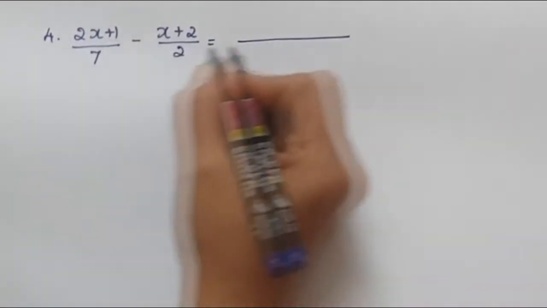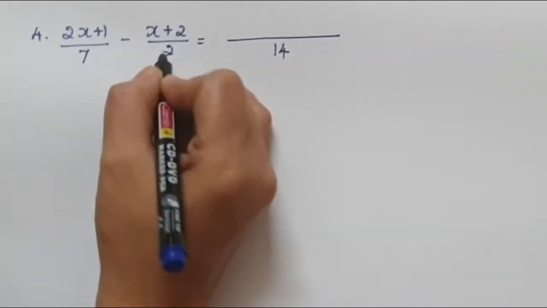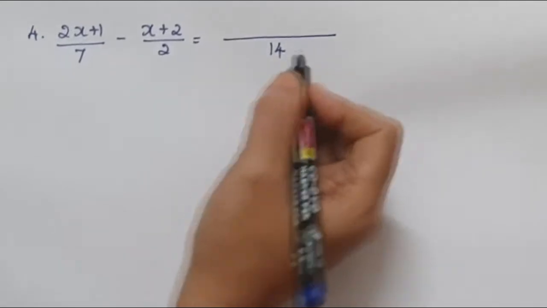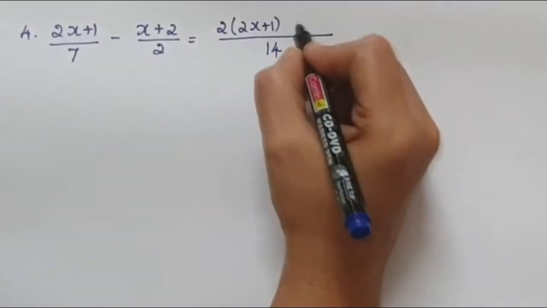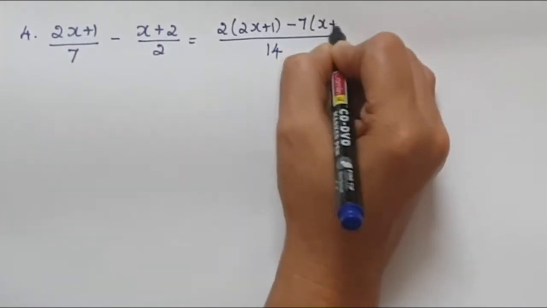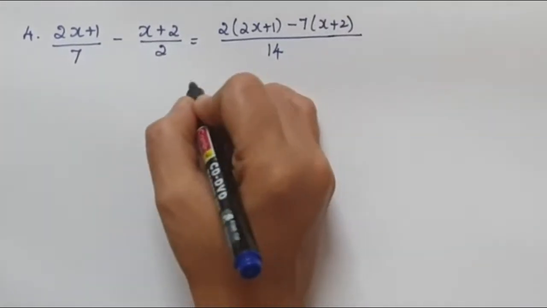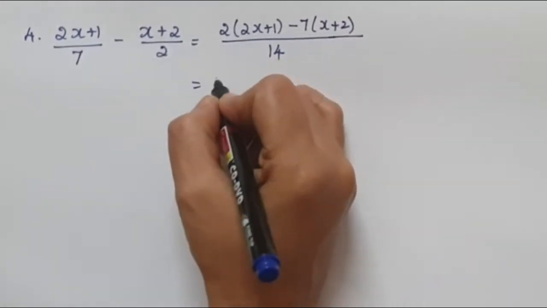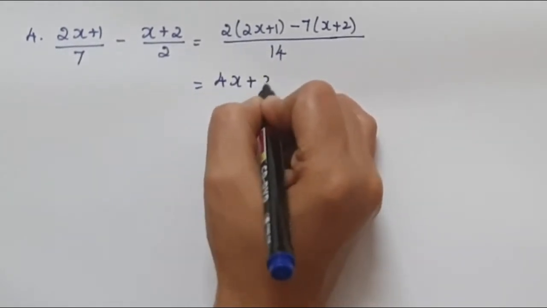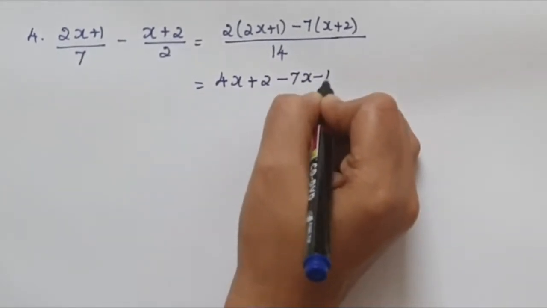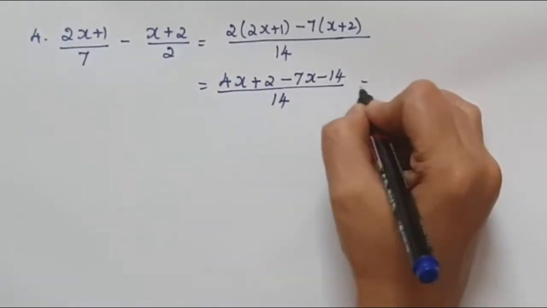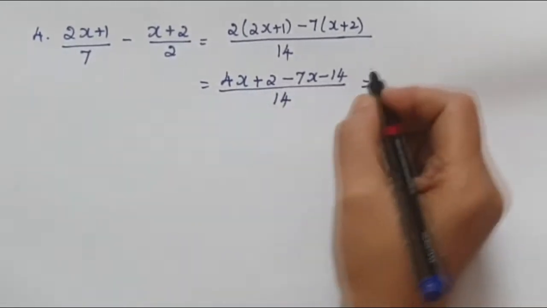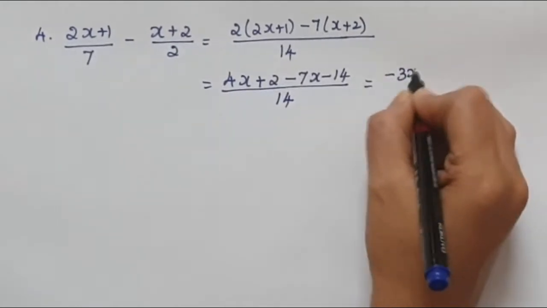Now here 7 times 2 is 14. This 2 multiplies with this side, 7 multiplies over here. So 2 into 2x plus 1 minus 7 into x plus 2. So when we simplify this, multiply it inside. So it is 4x plus 2 minus 7x minus 14 over 14. So it will be equal to 4x minus 7x is minus 3x.